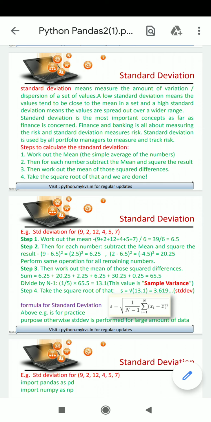Suppose we are having 5 numbers and all 5 numbers are 4. So is there any dispersion? Is there any variation between values?